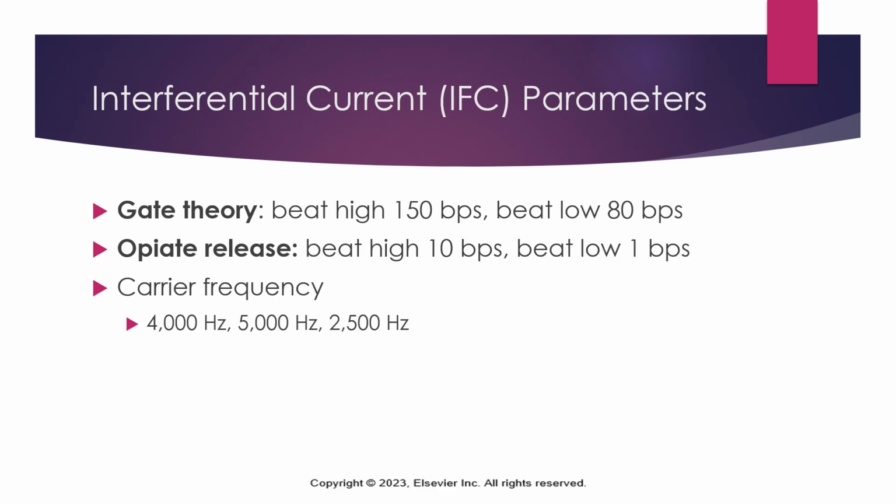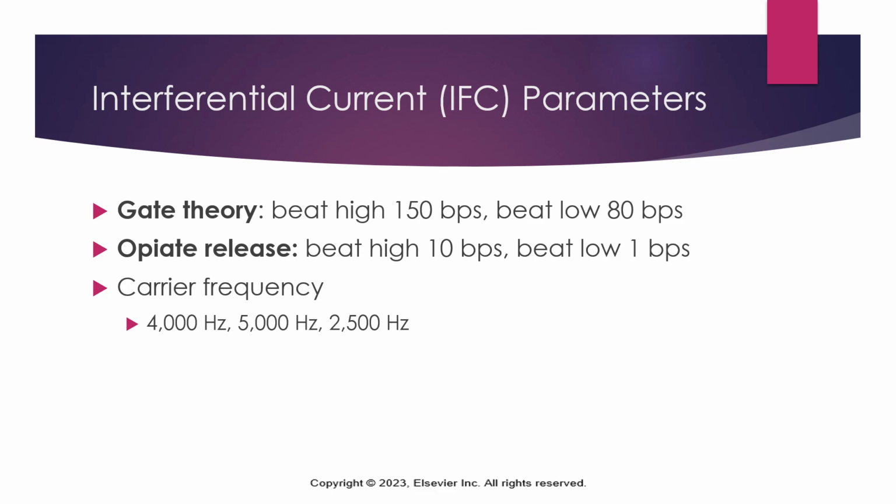A lot of the ones that I've seen, at least from the Chattanooga website, they recommend using 4,000 hertz as the carrier frequency for anything related to the gate theory of pain control. They recommend 2,500 hertz if you're going to use the opiate release theory, and then they use 5,000 to stimulate a nerve block, essentially.